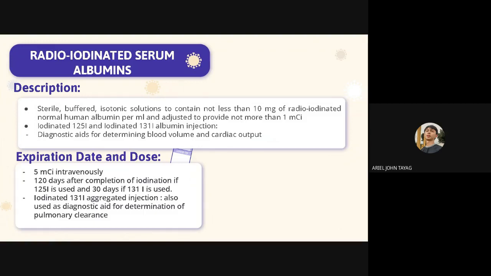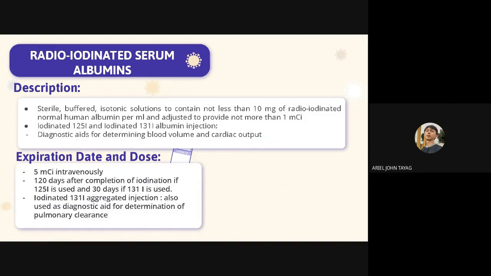Next, we have radioiodinated serum albumin. So it is a sterile, buffered isotonic solution to contain not less than 10 milligrams of radioiodinated normal human albumin per ml and adjusted to provide not more than 1 millicurie.